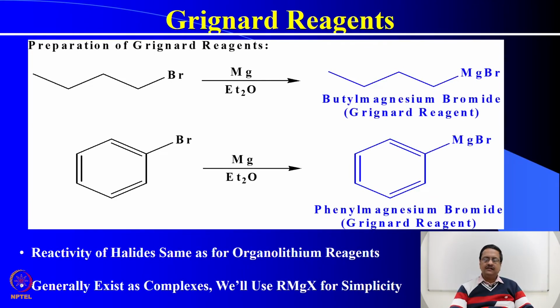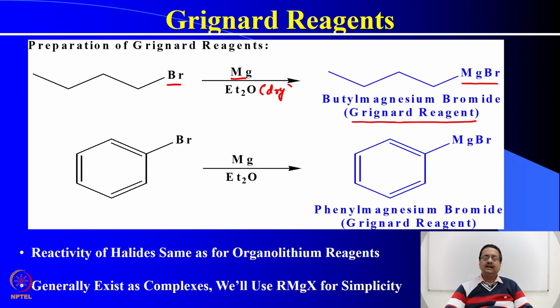One of the most important organometallic reagents is the Grignard reagent, which you must have heard about. So a Grignard reagent can be formed if you treat an alkyl halide with metallic magnesium in dry ether. It forms this magnesium bromide, which is here the butyl magnesium bromide, called the Grignard reagent.